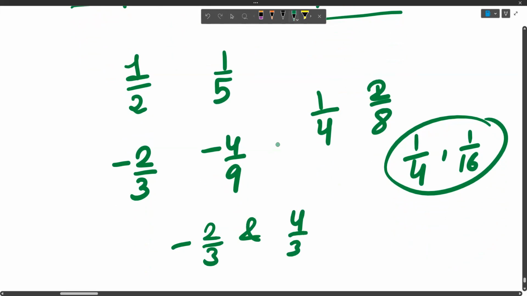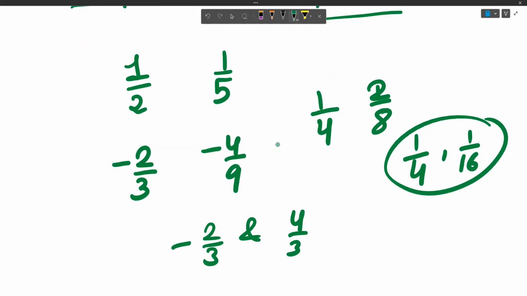So if I compare a negative and a positive rational number, the positive rational number will be larger. But if I compare two positive numbers, how would you find which is larger? It's a simple trick, the simplest trick. I'll tell you the trick.